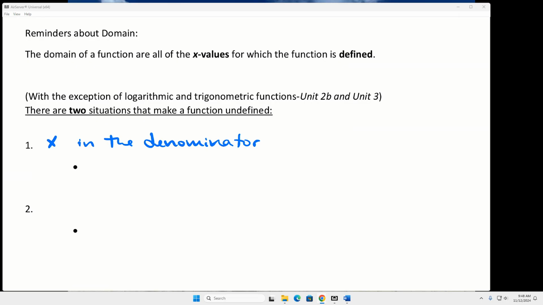You can just figure out what is going to make the denominator 0. Sometimes it can be kind of complicated. Like we're going to do one that's a little complicated. So if you can't just figure it out in your head, then you set the denominator not equal to 0. So an equal with a slash. Set the denominator not equal to 0.